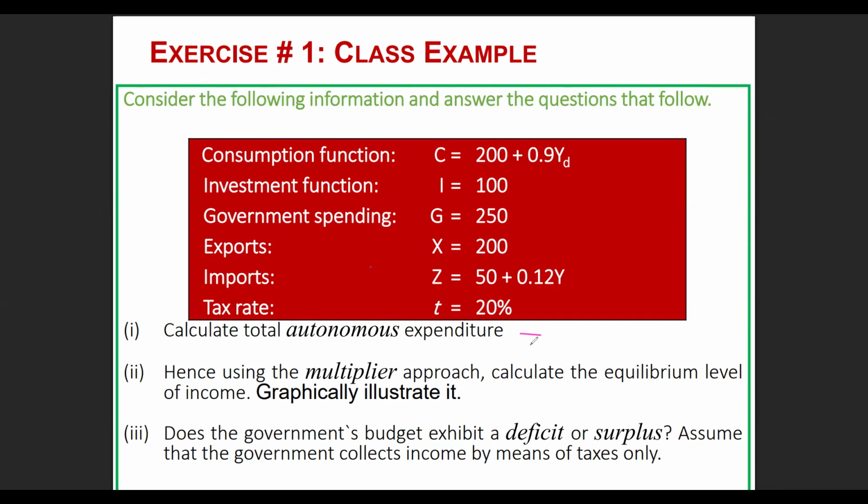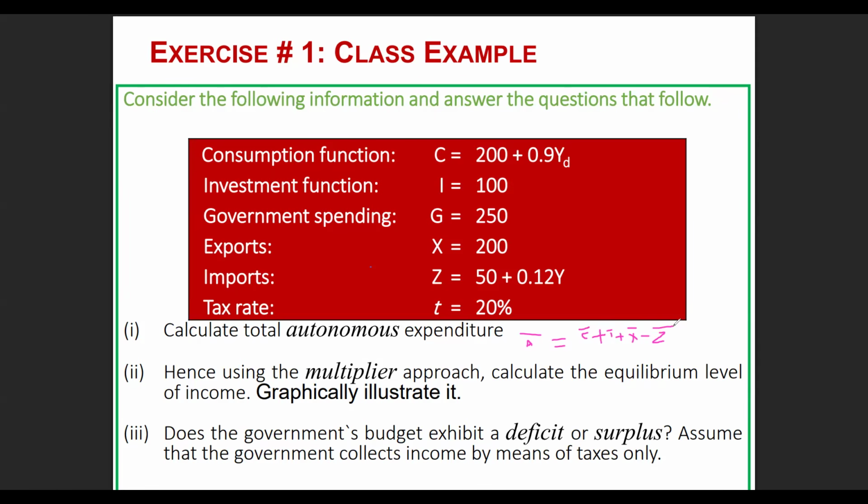They want us to calculate this part here, right? A bar. So you're just going to add your C bar plus the I bar plus your X bar minus your Z bar.